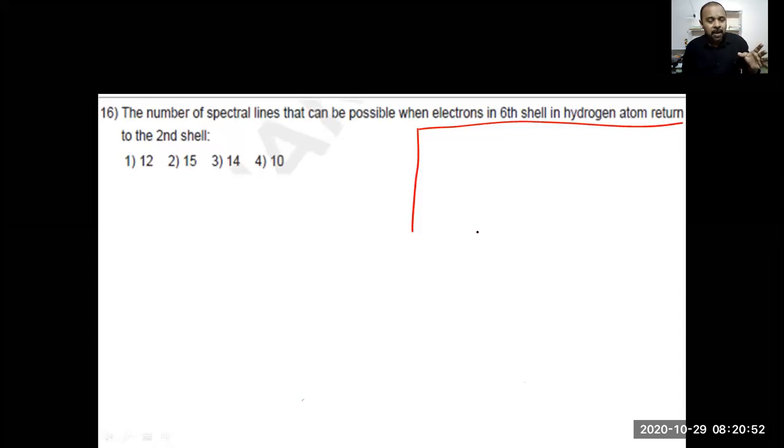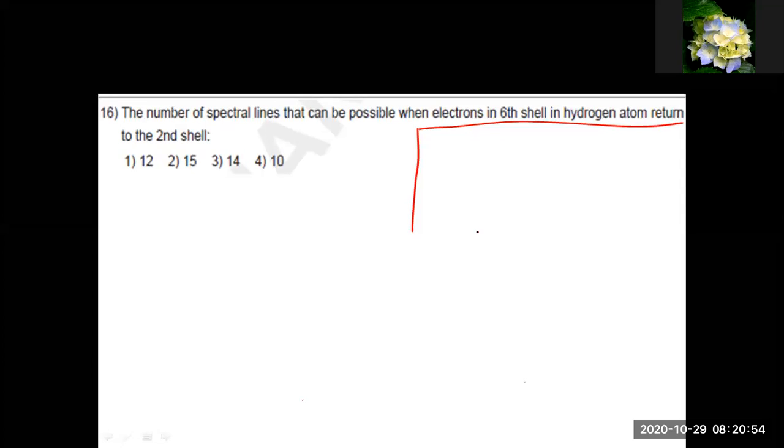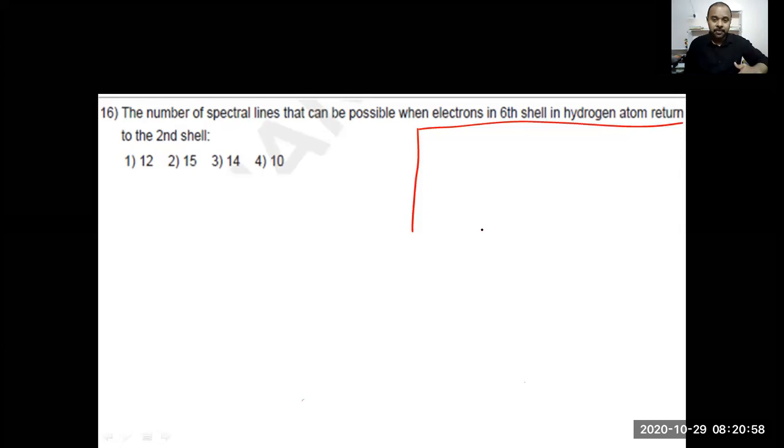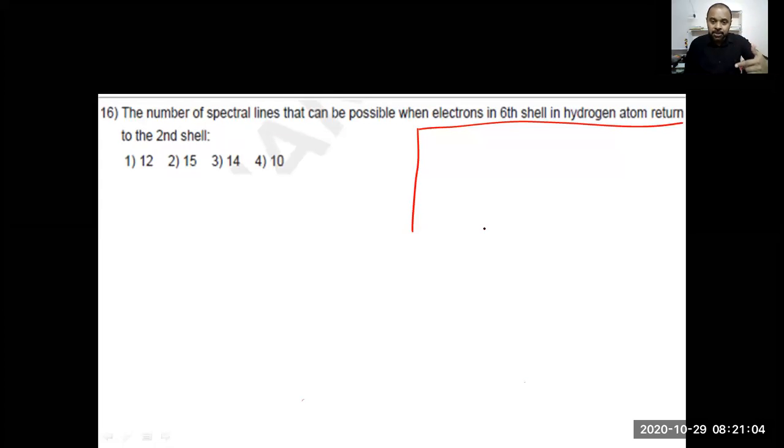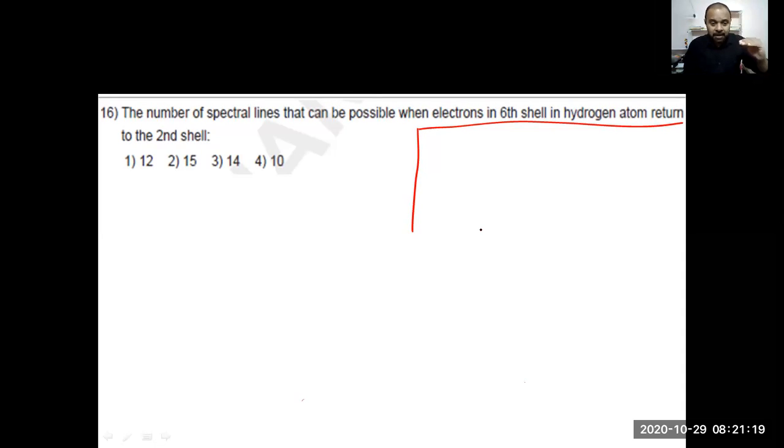What are the possible transitions? 8th to first at a stretch, or 8 to 7, 7 to 6, and so on. Or 8 to 2, 2 to 1, or 8 to 3, 3 to 2, 2 to 1.